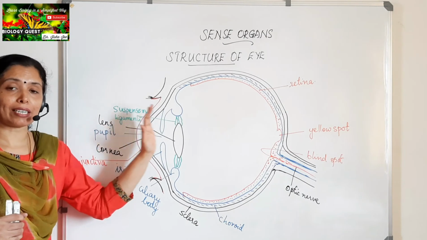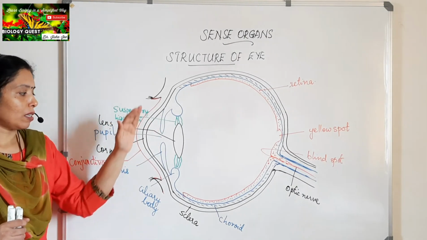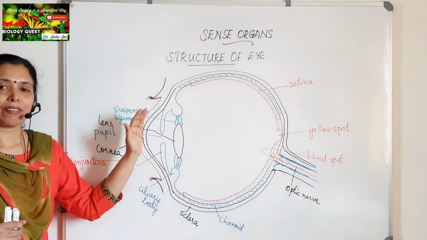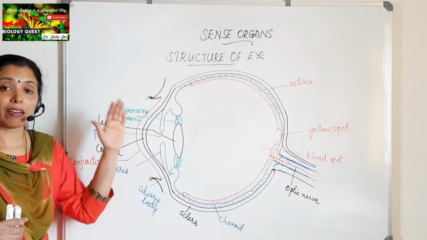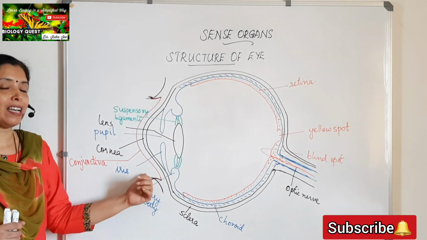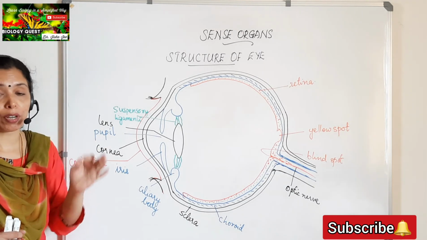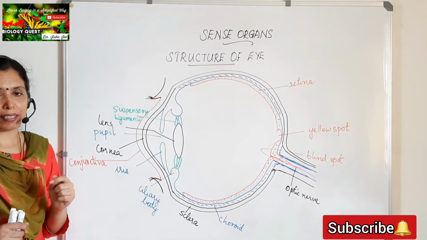So remember, conjunctiva is a very thin transparent layer covering the front part of the eye, and it is continuous with the inner lining of the eyelids.